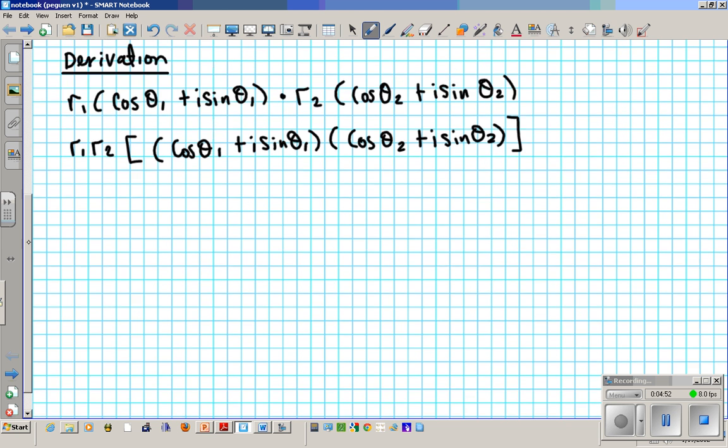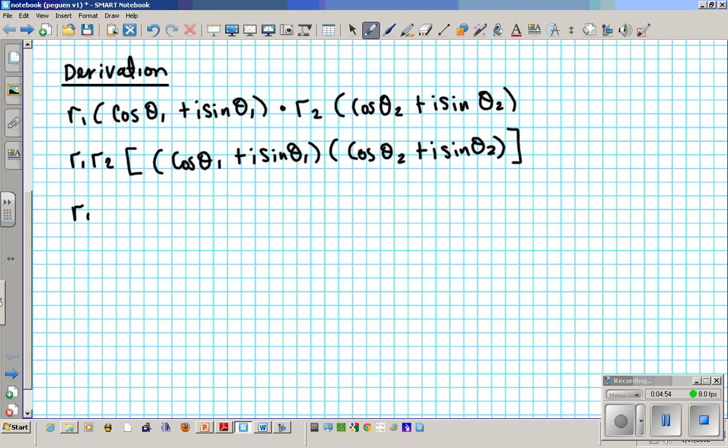So what does that generate? Let's see. Bring down r1, r2, we're done with those. We're not going to touch them anymore. And then inside we're going to have first and first, cosine theta 1 cosine theta 2. First outer is going to be plus, write the i first, sine theta 2 cosine theta 1.